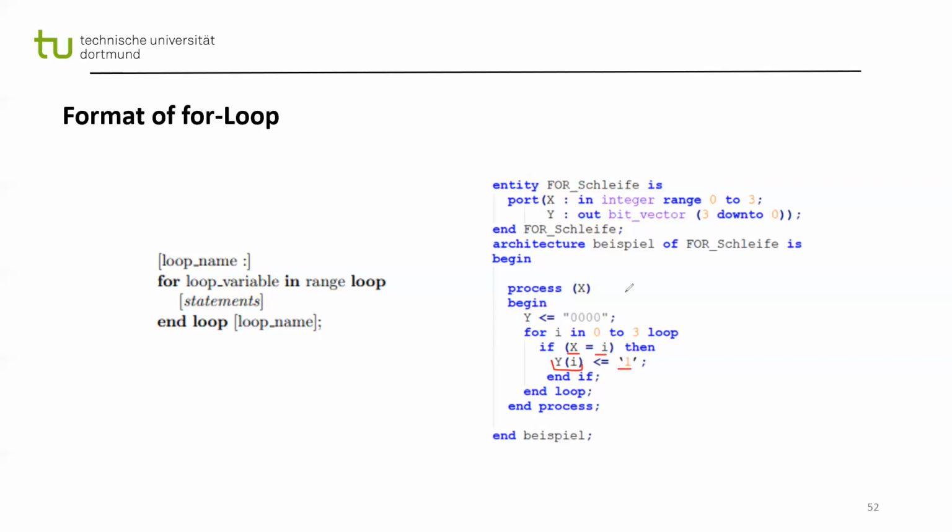So basically, let's say X is equal to 2, and we reach the for loop in the third iteration where I is equal to 2, then and only then, X equals I, and Y will become 0010.